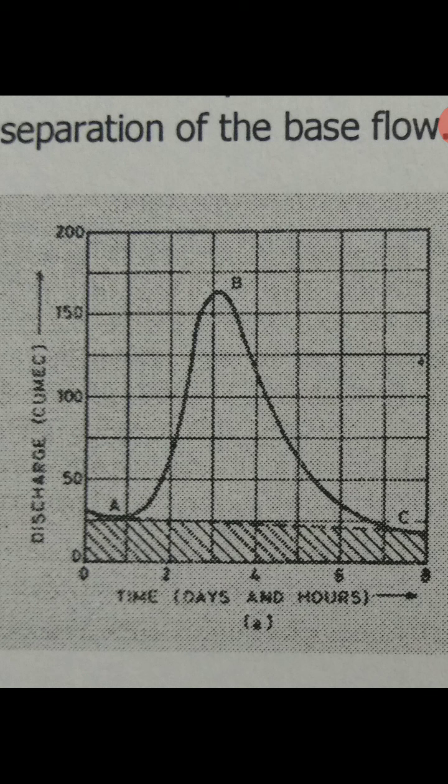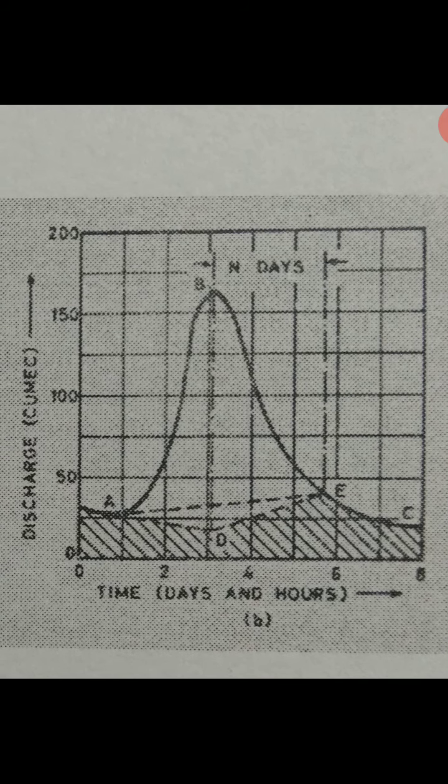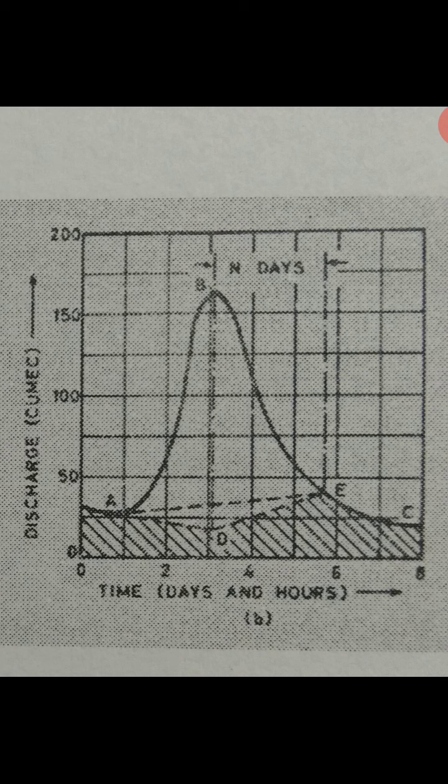The second method is applicable for the second curve, shown in figure B. The recession curve existing prior to the occurrence of the rainfall is extended to a point D on a vertical line passing through the peak B of the hydrograph.